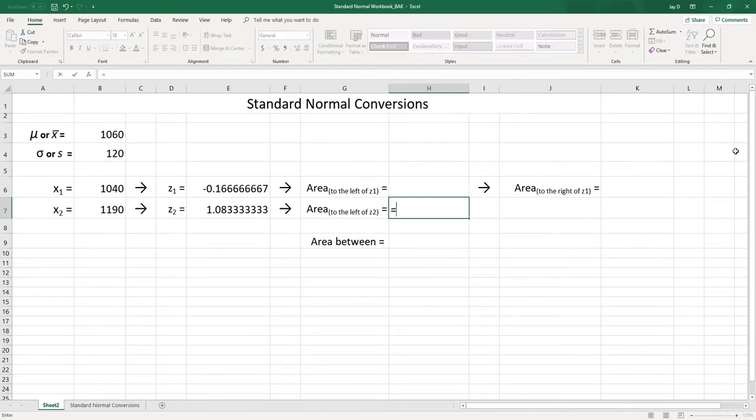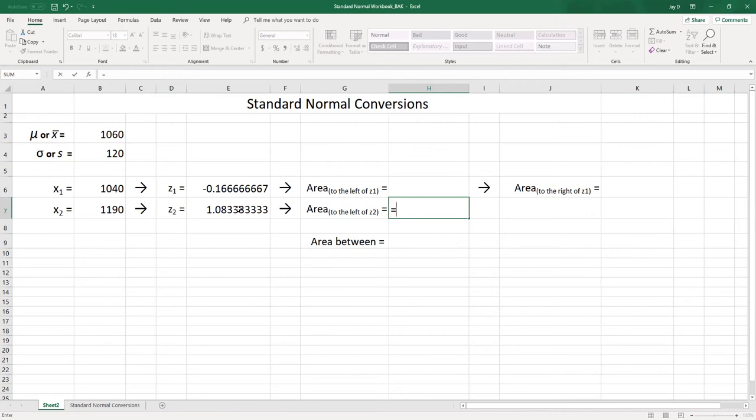There's a built-in function within Excel that will give me the area that falls to the left of this z-value, all the way into the tail of the Gaussian curve, otherwise known as the standard normal curve.